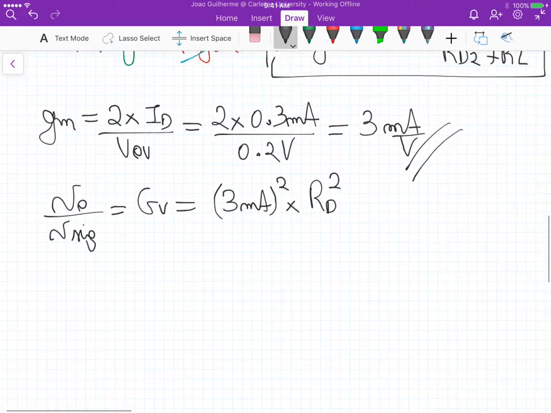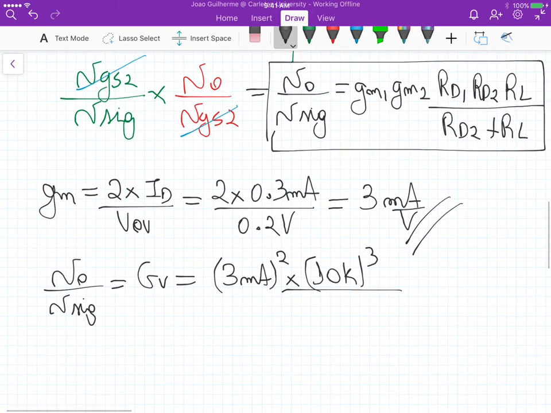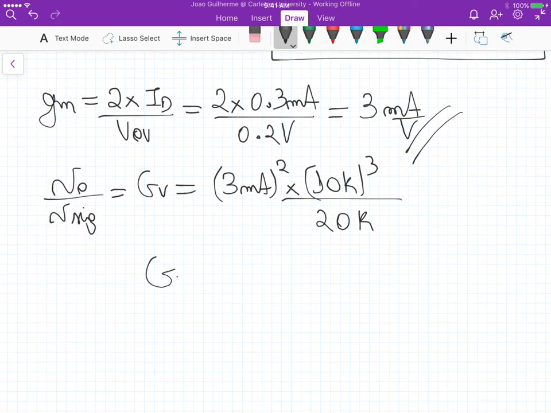So let me substitute 10K cubed divided by RD2 plus RL, which is 20K. And this gives us an overall voltage gain of 400 volts per volt.